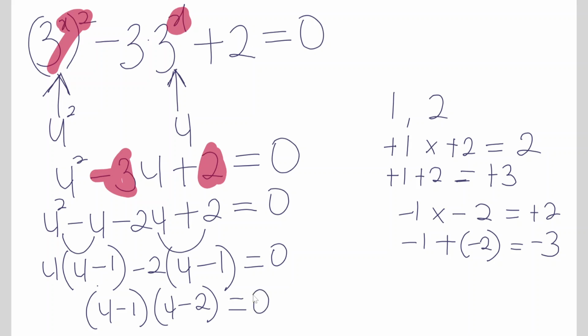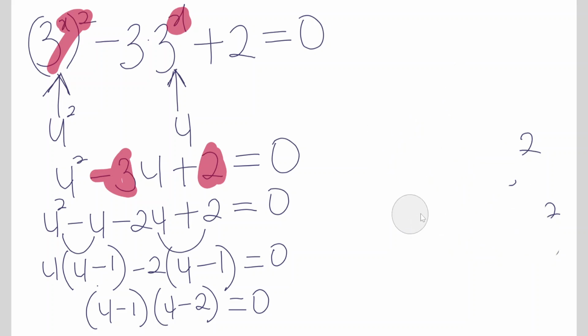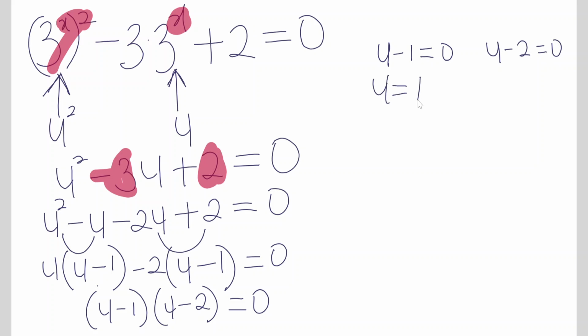So all we need to do from here is, we have u minus 1 equal to 0, and at the same time we have u minus 2 equal to 0. So from here we have u equal to 1, and at the same time we have u equal to 2.